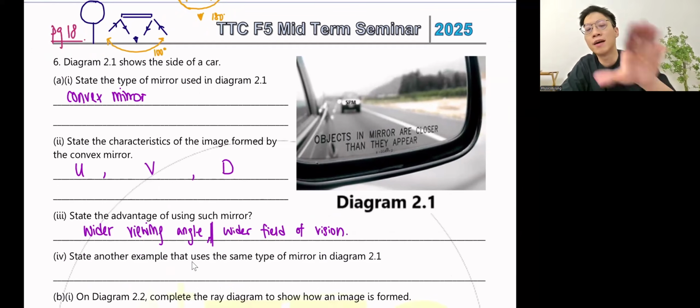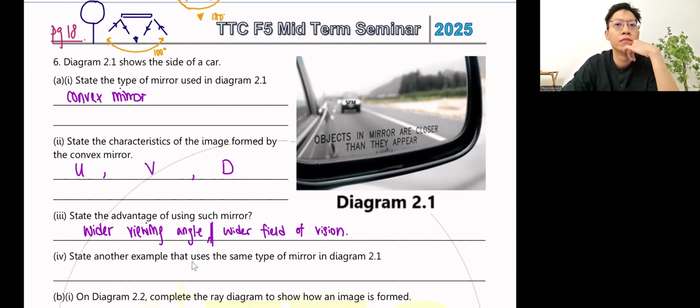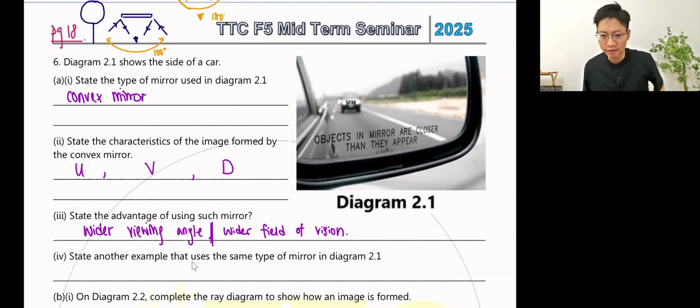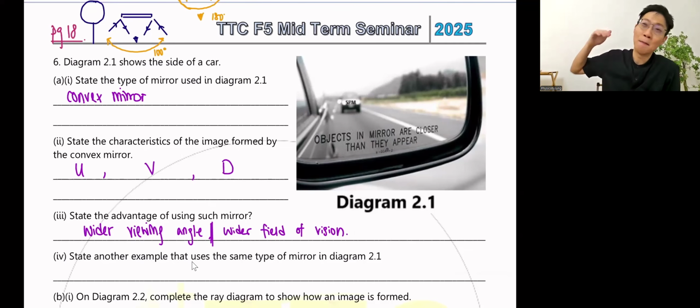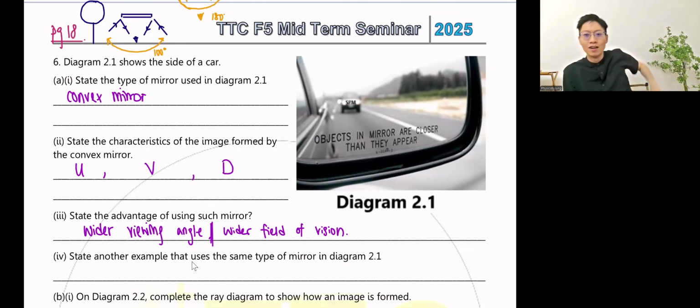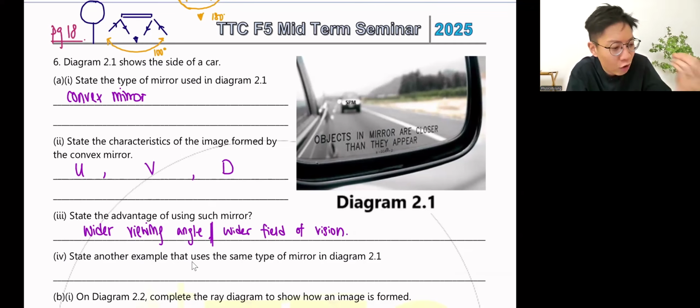Okay, state another example that uses the same type of mirror in 2.1. Guys, what other example uses this kind of mirror? Besides the side mirror. You go to 7-Eleven, or KK Mart, or banks and everything, right? They will put one mirror on the side. So what is the mirror for? What's the mirror called?